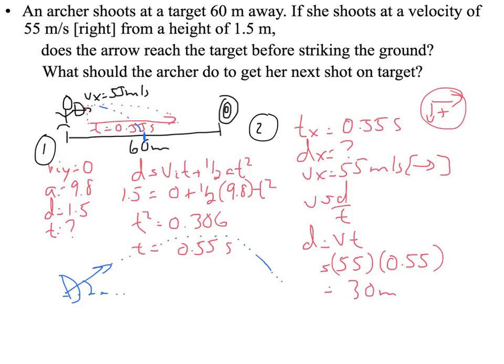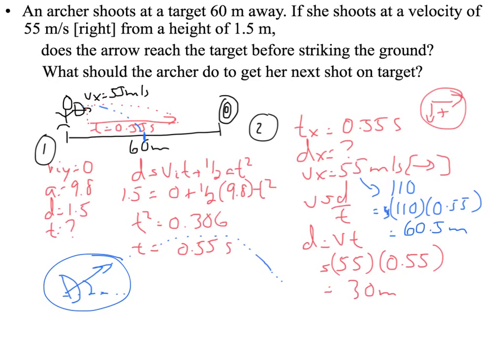You can see if we were to change 55 to, say, let's double it, so let's say 110. If we did that, we would get 110 times 0.55, which would give us 60.5 meters. So two things, either shoot at an angle, like we have here, or simply shoot it faster, as we have here.